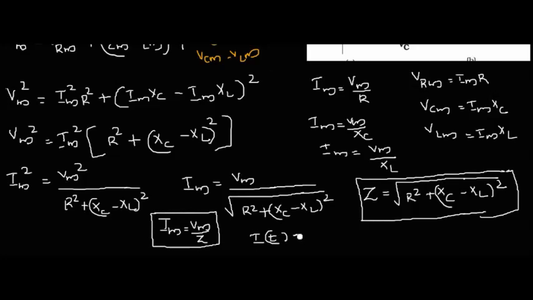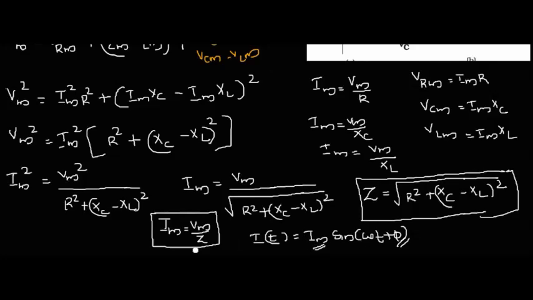We assumed a solution for current, that is I of t is equal to Im sin omega t plus phi. We assumed a solution for the current flowing through the series LCR circuit, and we need to find out the value of Im and the value of phi.